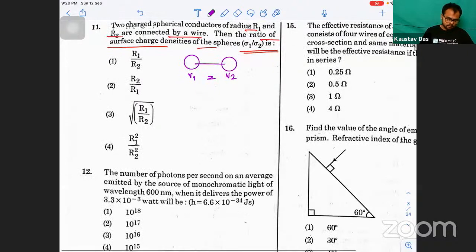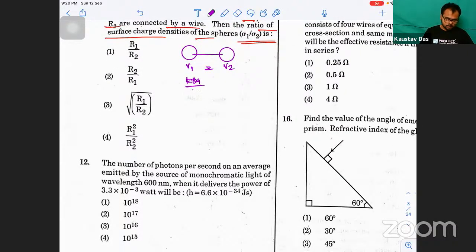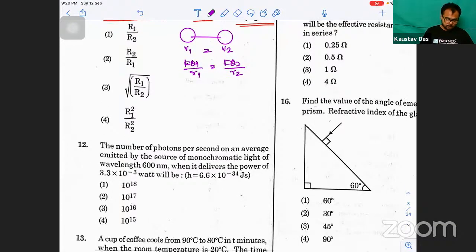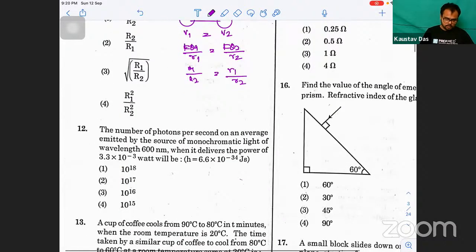I know the formula of the potential for a sphere, which is KQ1 by R1 equals KQ2 divided by R2. From there, the value of Q1 by Q2 is going to be R1 divided by R2. And the value of Q is the surface area multiplied by the surface charge density, which is 4 pi R square into sigma.